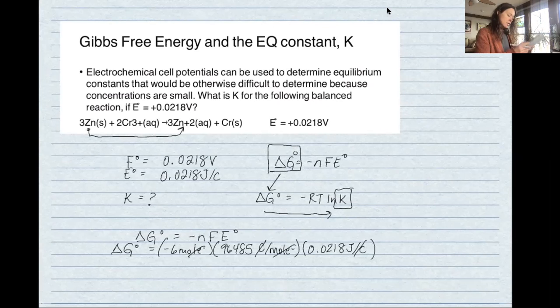All right, guys. Negative 6 times 96485 times 0.0218 equals negative 1.26 times 10 to the 4th joules. Still per mole reaction. I just took that away from it for now, okay?